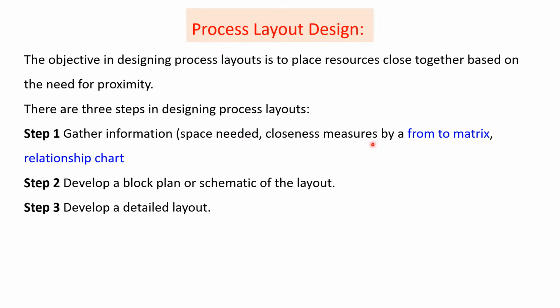The closeness can be measured by a from-to matrix, or we can measure using a relationship chart. In the second step, we have to develop a block plan or schematic of the layout. And the third step is to develop a detailed layout.